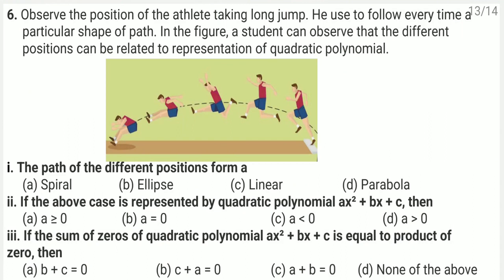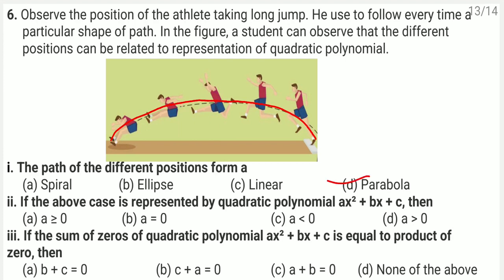Observe the position of the athlete taking a long jump. He follows every time a particular shape of path. In the figure, a student can observe that the different positions can be related to the representation of a quadratic polynomial. Right? See here, this one, the parabolic path. So look at the first question. The path of different positions forms a parabola.